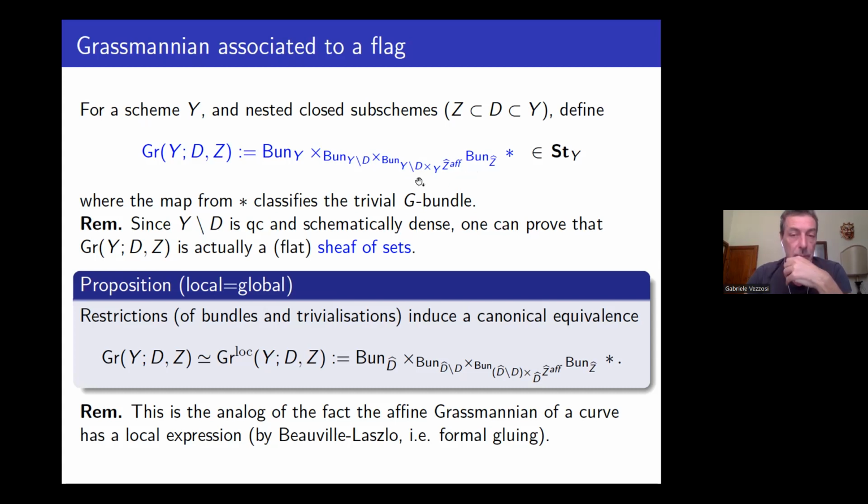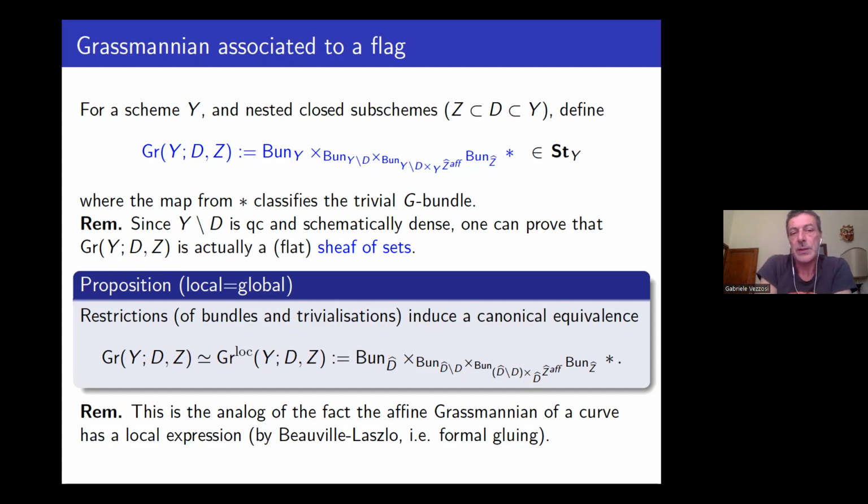Note that the intersection makes sense because we are only considering Z hat affine. If you consider Y minus D intersected in Y with Z hat, the formal completion as a formal scheme, as an ind-scheme, it's empty. But if you consider Z hat affine, then it's not. So we require that these two trivializations on Y minus D and Z hat are compatible on their intersections.